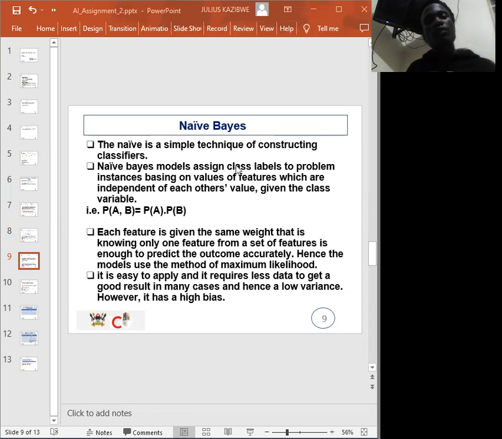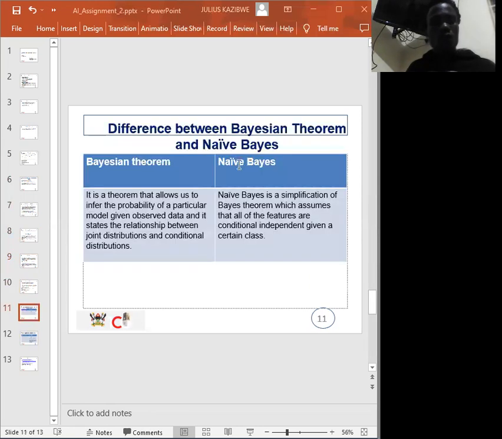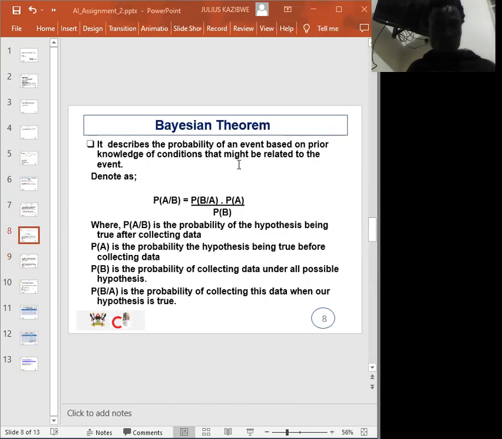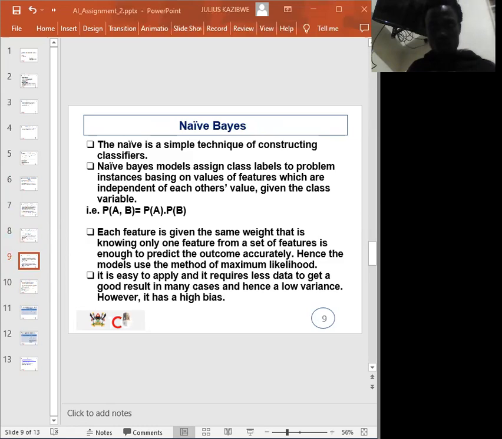It's a simplification of the Bayes theorem, and it works on an assumption that there's a conditional independence between the events.